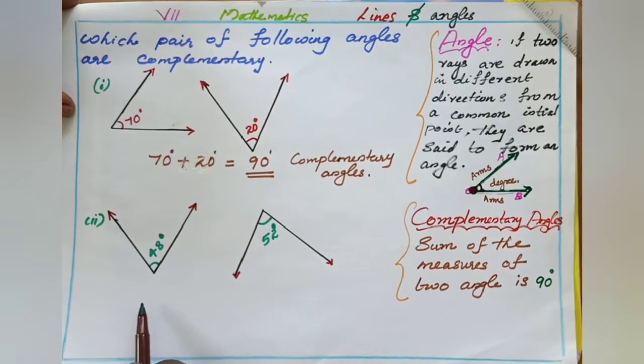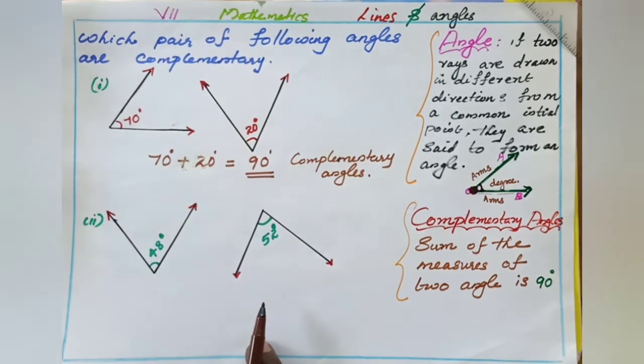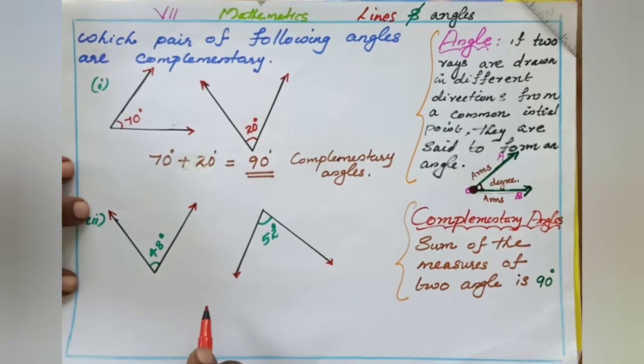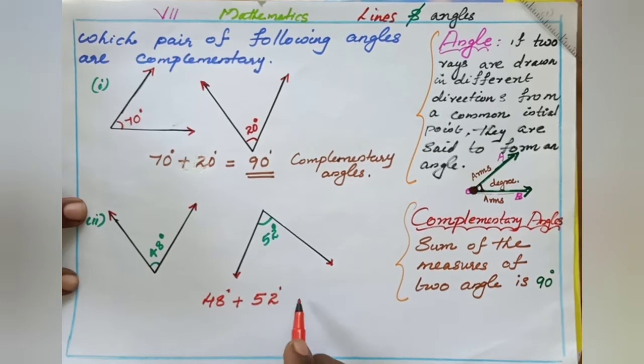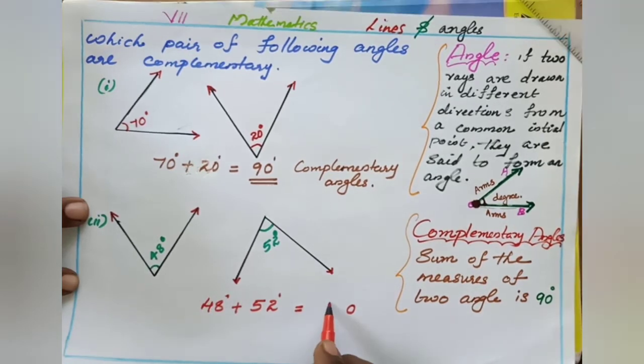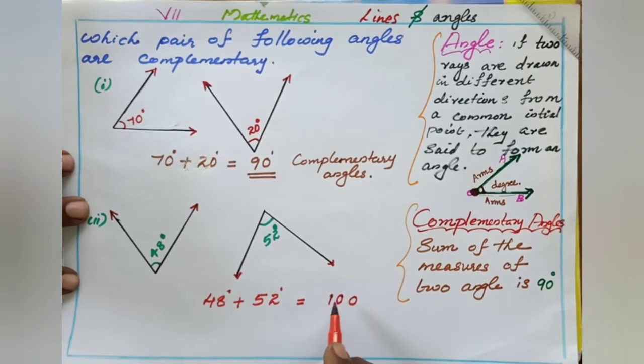Listen to the second question. First angle is 48 degree, second is 52 degree. So adding these two measures, 48 degree plus 52 degree. 8 plus 2, 10, 1 balance. 5 plus 4, 9, balance 1, 10.